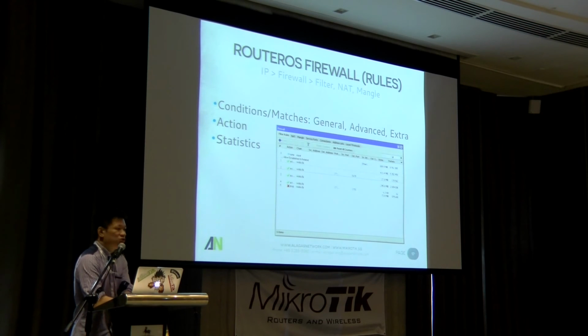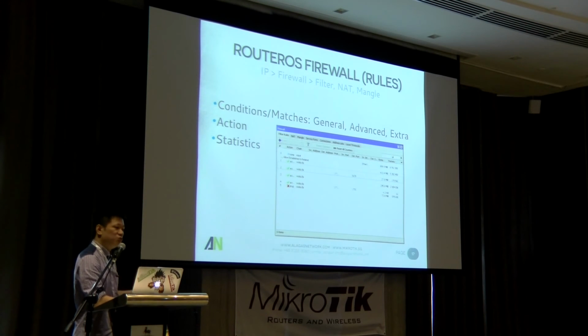Statistics will show you, for each of the rules that you created, how many incoming and outgoing packets actually hit these rules. What is the number of packets per second? Besides that, this is also one of the tabs that you want to look at.